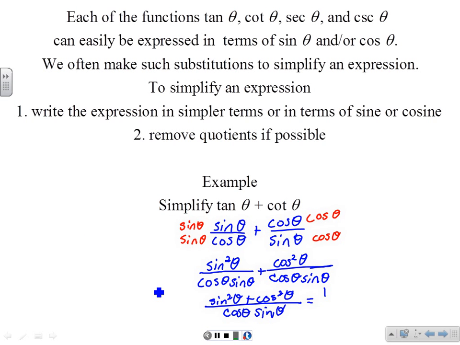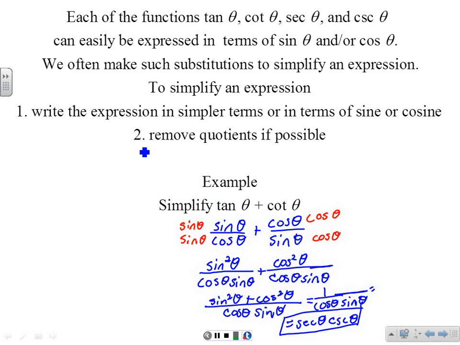So I have 1 over cosine theta sine theta. And then we need to remove the quotients if possible. Well, what I can do is turn 1 over cosine theta into secant theta. And I can turn 1 over sine theta into cosecant theta. And so this would be our simplified.